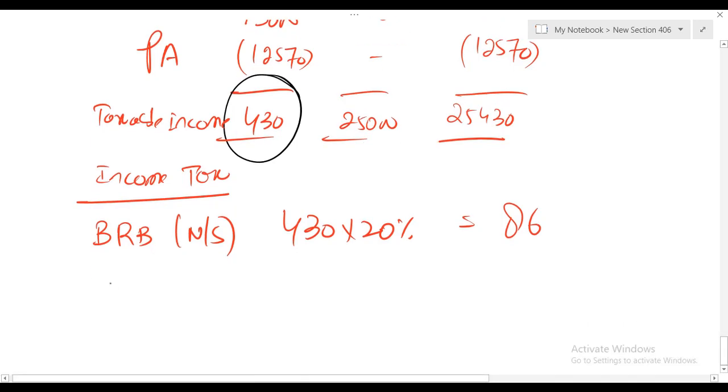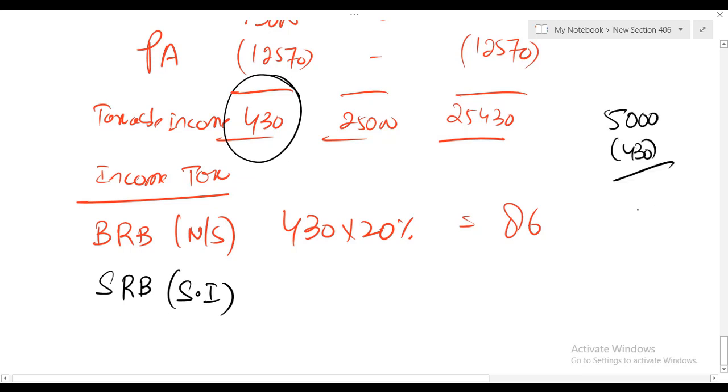Let me write starting rate band saving income. The limit of the starting rate band is 5,000, but I'm not going to get 5,000 because 430 is already being used by the non-saving income. So from this 5,000, let me deduct this 430. Then how much is left? I'm left with 4,570. 4,570 into 0% gives me obviously 0.